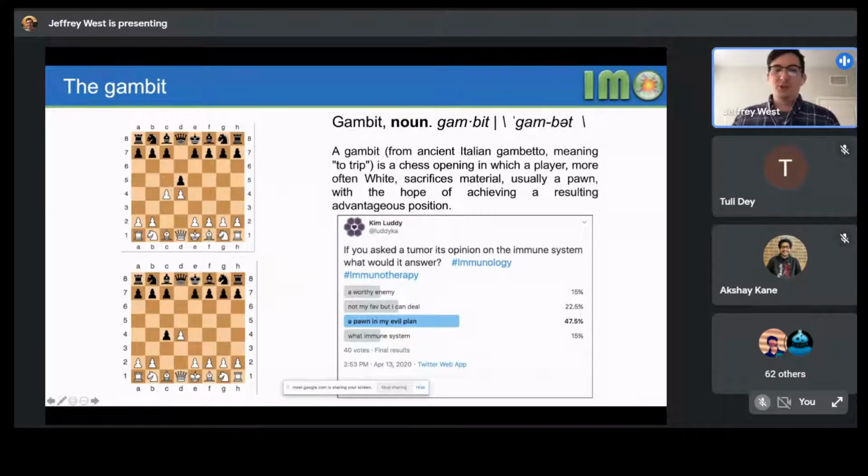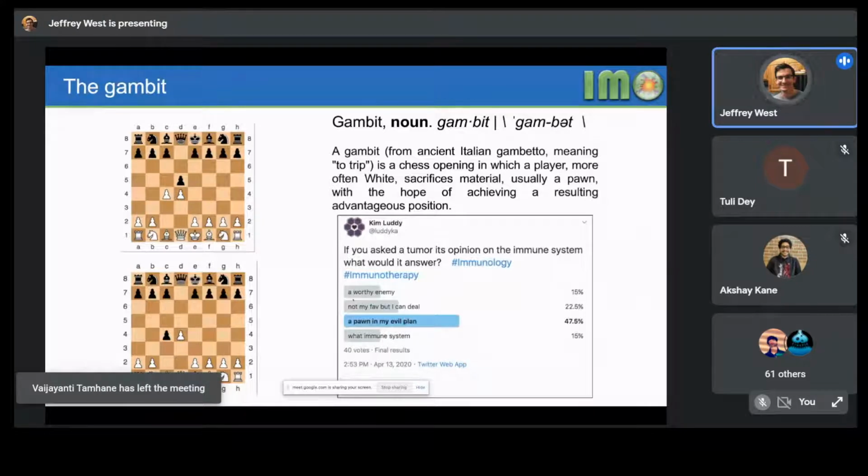There are 4 choices here. The first choice would be a worthy enemy. In other words, maybe the immune system is very successful at targeting new tumors, but we just don't see much evidence of that. Maybe there is some mutation in our body and our immune system takes care of that.